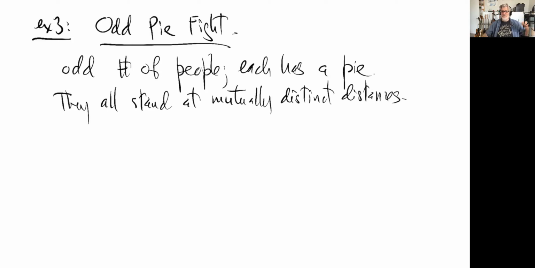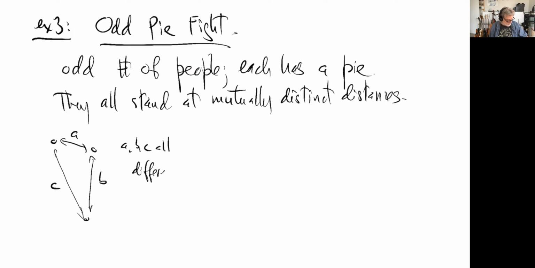So if you measure the distance between any 2 of these people, you never get the same value. You measure these distances like that. They're all different. A, B, C, all different. That's what it means.